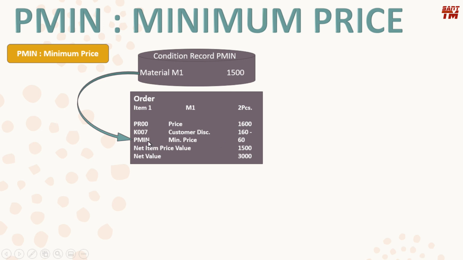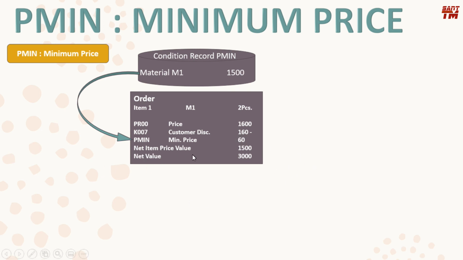Okay. PMIN says that I will add an additional cost of 60 euros to that 1440 because minimum price is 1500. Material M1 has to be sold at minimum price of 1500. So PMIN will add 60 euros to that 1440 to complete the minimum price of 1500. 1440 plus 60 will give us 1500.